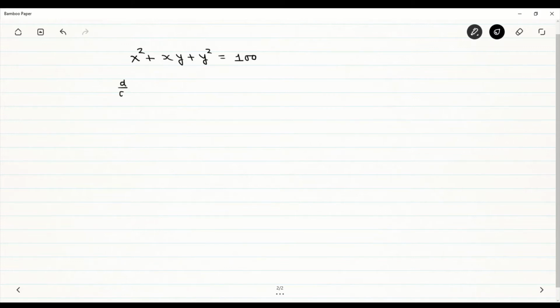So I can say d by dx of the entire left hand side, x square plus xy plus y square. This is the derivative of the left side. Similarly, I will find the derivative of the right side also, which is 100, a constant, d by dx of 100. So when I differentiate x square, it is 2x, plus the derivative of xy.